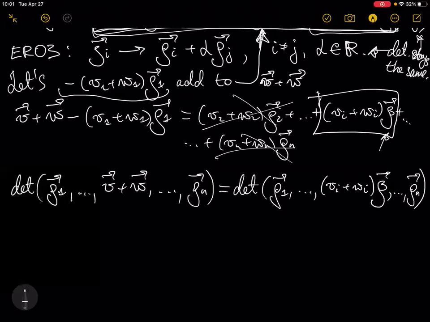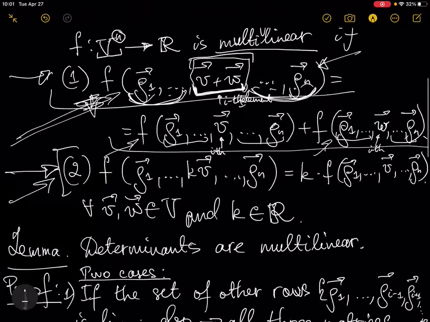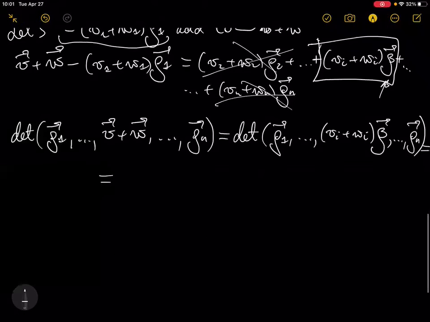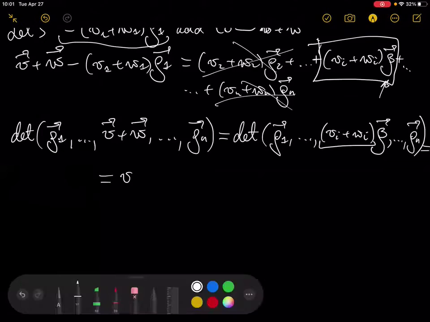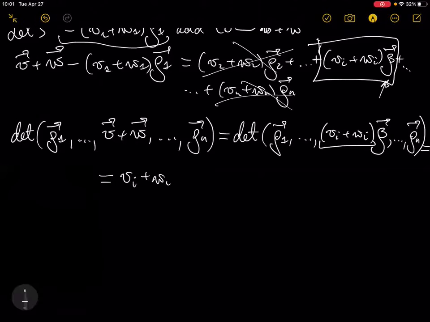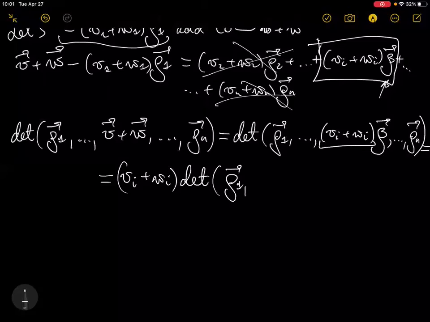But then using another property of the determinant, or you can say using this rule, which is already there in the determinant, I can factor out the corresponding scalar, which is this one, and it will be Vi plus Wi times the determinant of row 1, beta, rho n, just this, right?